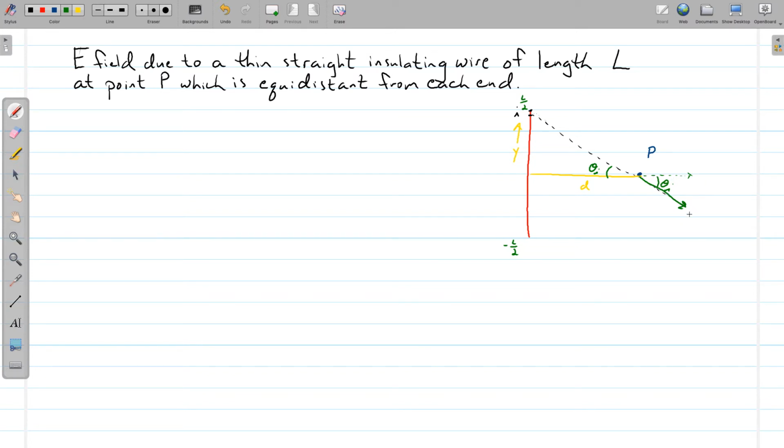If this was the electric field from piece I, we are interested in this component, so this would be E_I cosine theta I.